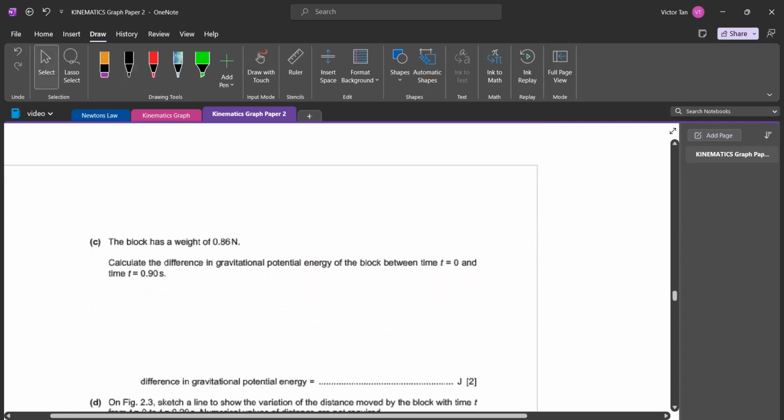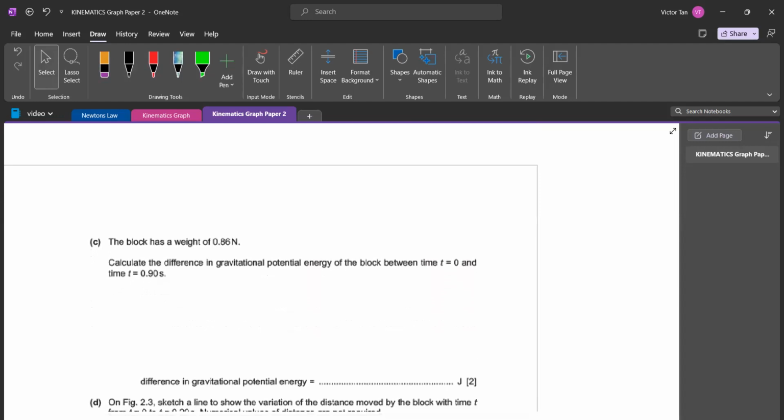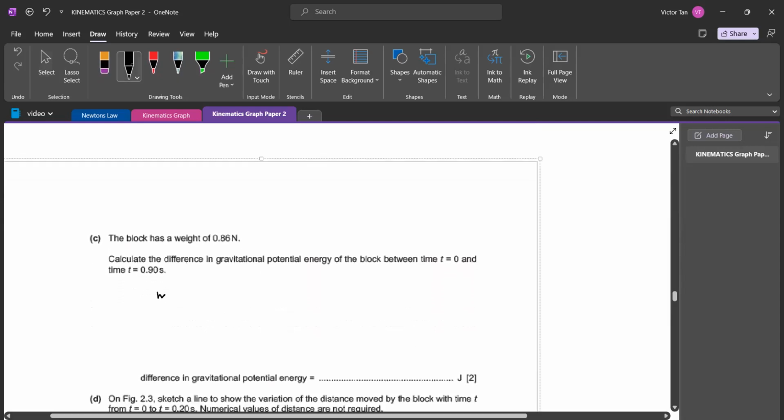The block has a weight of 0.86 Newton. Calculate the difference in gravitational potential energy of the block between t equals 0 and t equals 0.9. So it's mgh.